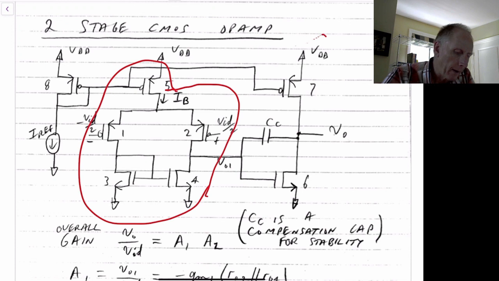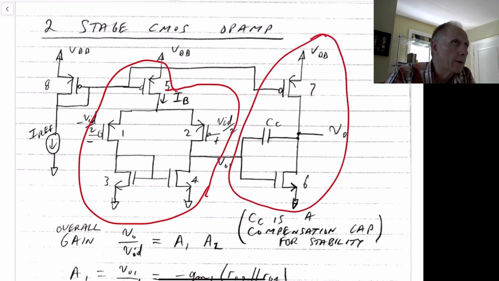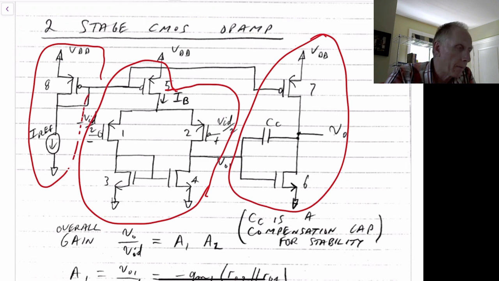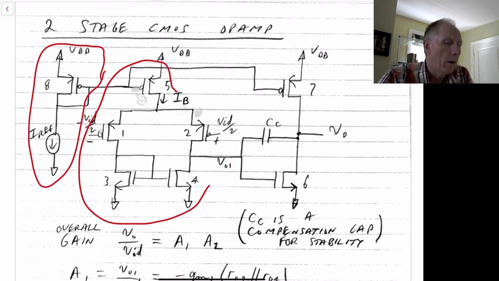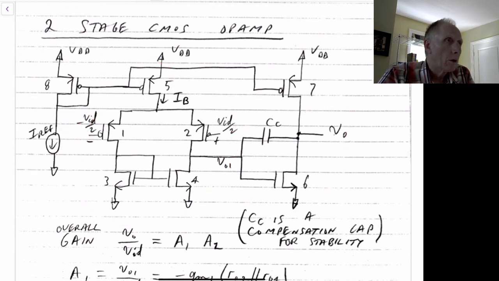And at the far left here, M8 is the bias part of the circuit. We also have an additional compensation capacitor that's added for stability, and we'll talk about that when we get into the feedback section of these notes.